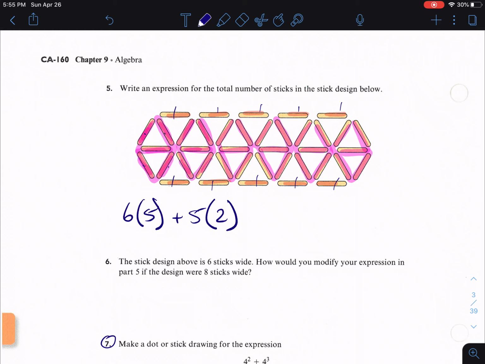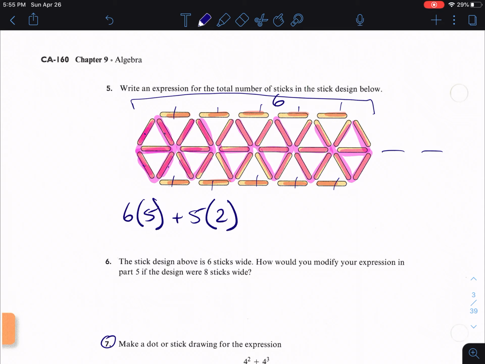I'm hoping. Now, the stick design above is 6 sticks wide. They're saying, well, okay, this is when it's 6 sticks wide. How would you modify your expression in part 5 if we had to make it 8 sticks wide? Well, let's see.